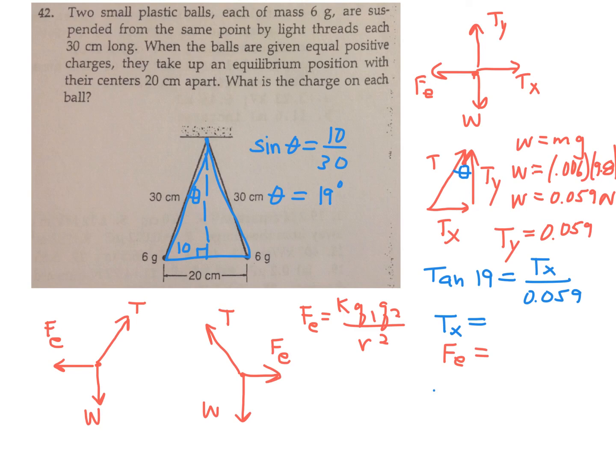But now, in that equation, which I will circle in red, you're going to plug in here. You know what F sub E is from the right-hand side. You'll know this, and you'll know what r is. It's 20 centimeters, 0.20 meters. So essentially, you'll know this.